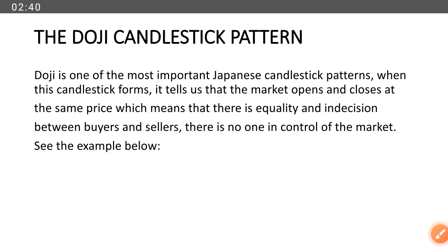Doji is one of the most important Japanese candlestick patterns. When this candlestick forms, it tells us that the market opens and closes at the same price, which means that there is equality and indecision between buyers and sellers. There is no one in control of the market. When we say Doji, it means indecision.